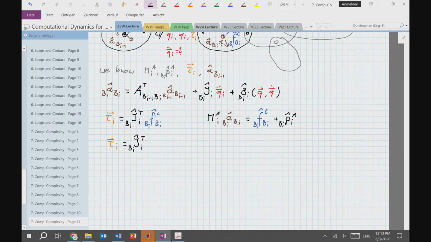The same thing I just rushed over, I'm doing here again a little bit slower, just so that you see it at least once in detail. So this is acceleration of my body times articulated inertia, and now minus my bias force.